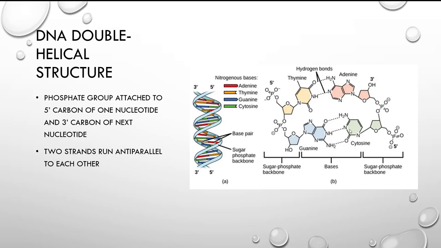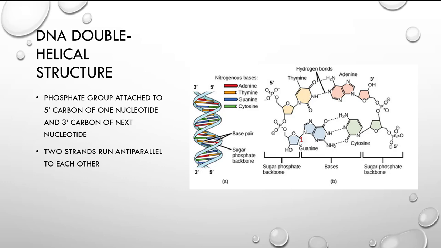Another thing that you'll notice is the arrangement of the strands. Look at where the sugars are facing in this strand. The O's are facing up. In this strand, they're facing down. So they're running anti-parallel to each other. So again, if I count the carbons, we start at the O here.